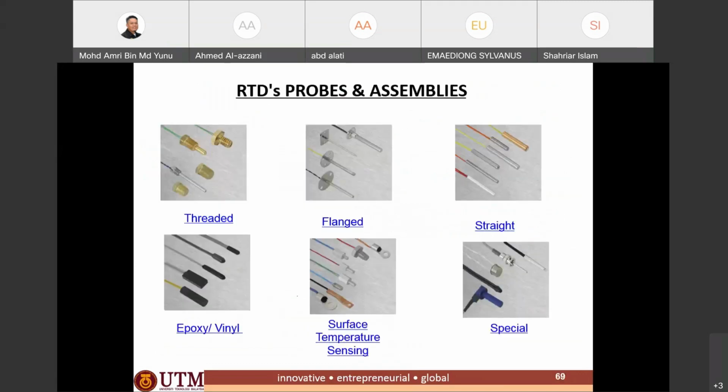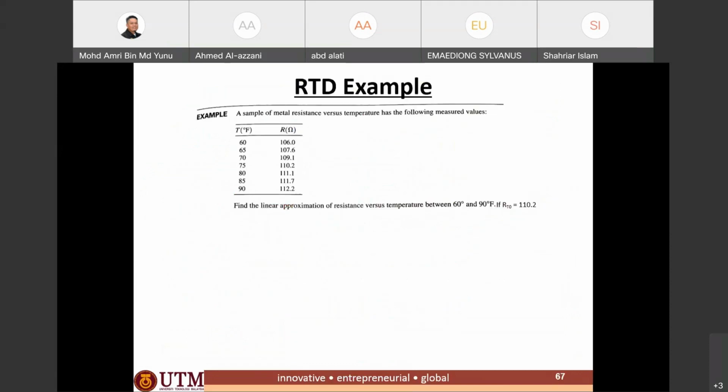So we need to find RT equivalent to R T naught times 1 plus alpha delta T, or we can write it like this: R T naught times 1 plus alpha times T minus T naught.